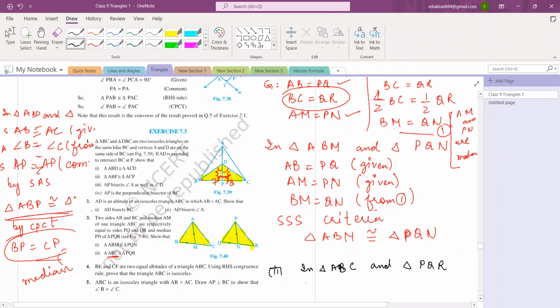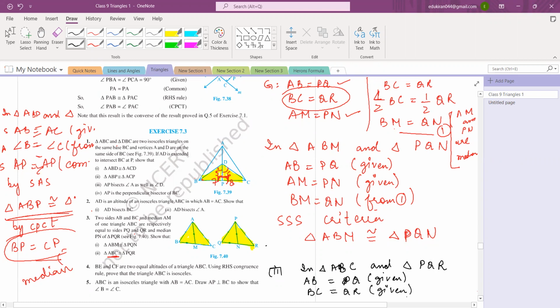Okay, very good. So one thing I have got that AB is equal to PQ, which is already given to me. Now Hamna, tell me the second one. Ma'am, BC is equal to QR. Okay, good. So because this time I need the complete side, so I can say that BC is equal to QR, which is already given.